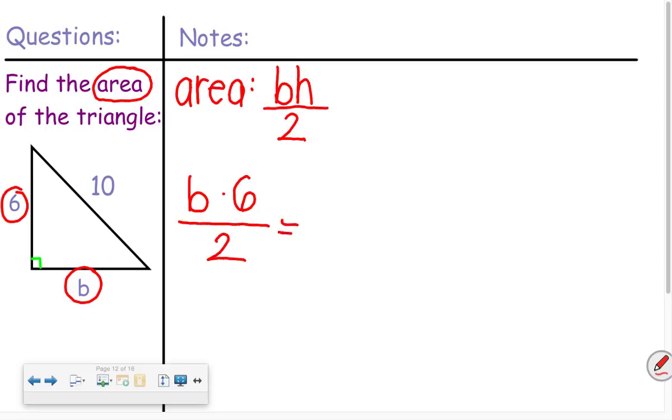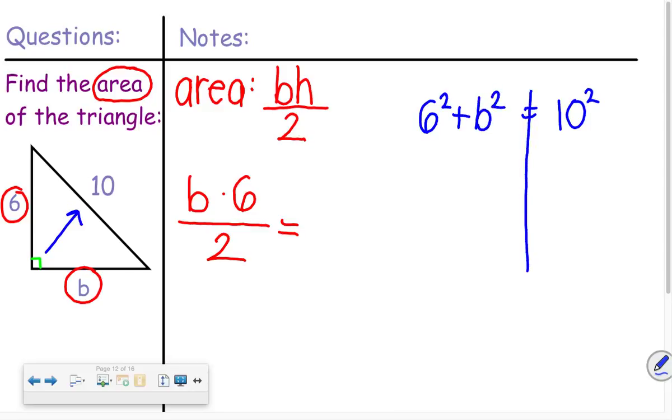Now I don't know what b is, but I can use the Pythagorean theorem to find it. So if I go across from my right angle, I have a 10. So 10 is my hypotenuse. And my legs are 6 and b. So I'm going to find b by doing the Pythagorean theorem, and then I can plug that into my formula. So 6 squared is 36. 10 squared is 100.